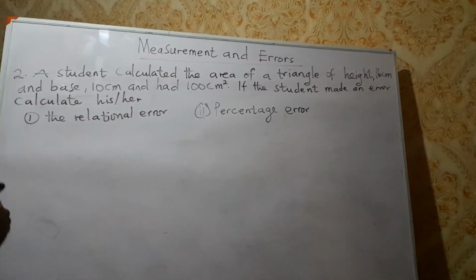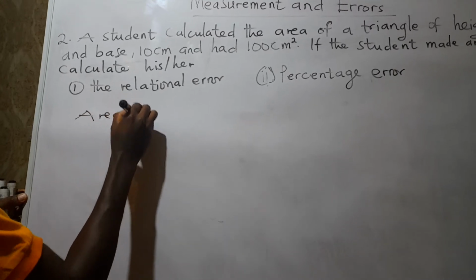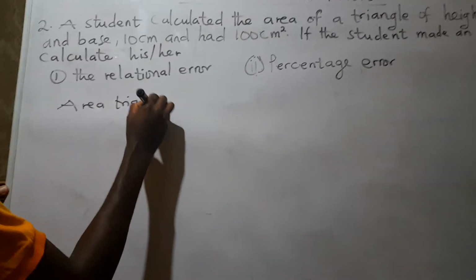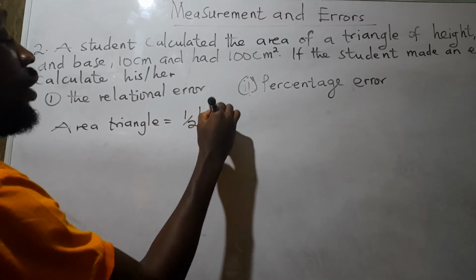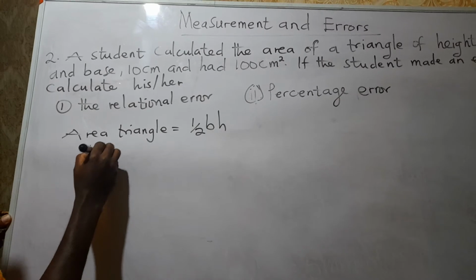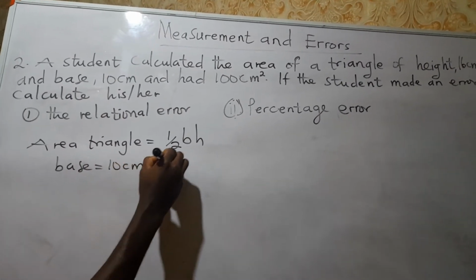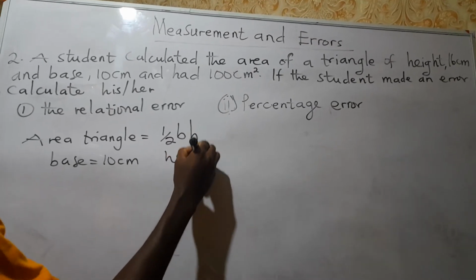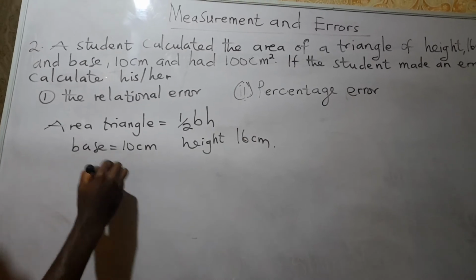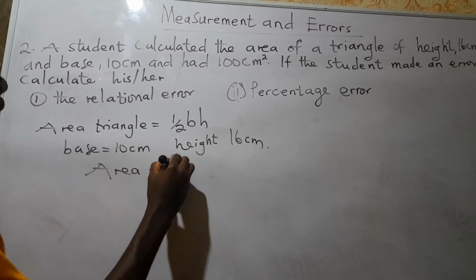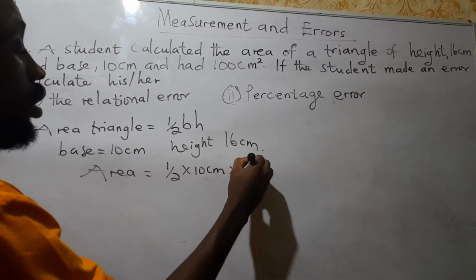So let's see. Remember, the area of a triangle is equal to half base times the height. The base in this case is 10 centimeters and the height is 16 centimeters. So you can say the area will be equal to half times 10 centimeters times 16 centimeters.